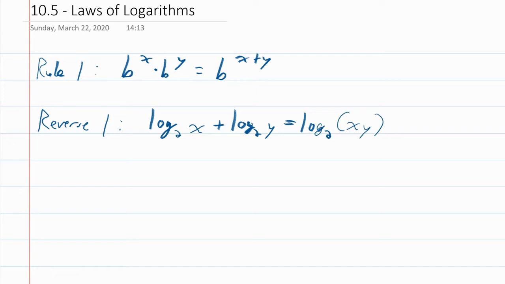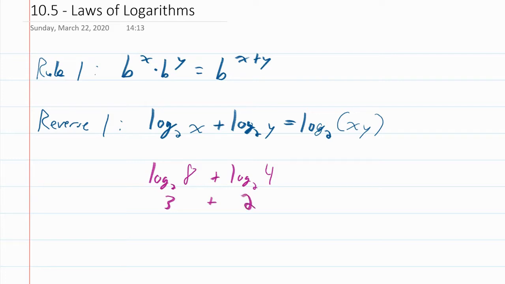And I want to show you an example of this because this is tricky. This is a massive deal on how to combine logarithmic expressions. So let's change colors here. If I take the log base 2 of 8 plus the log base 2 of 4, the log base 2 of 8 is 2 raised to what power is 8? That's 3. 2 raised to what power is 4?